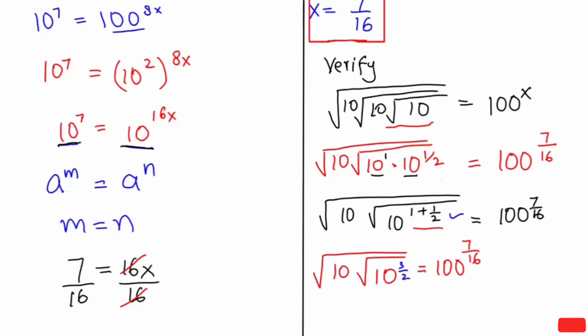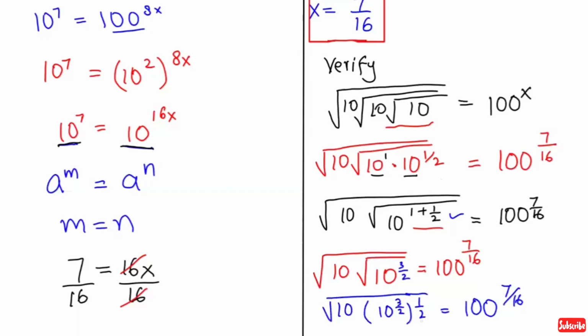Now in the next step, again I am going to remove this radical by using the radical property. Root of 10 to the power of 3/2, and whole to the power of 1/2, is equal to 100 to the power of 7/16.